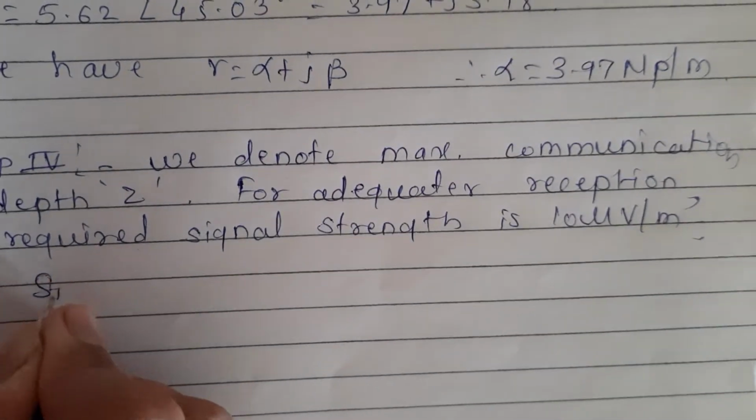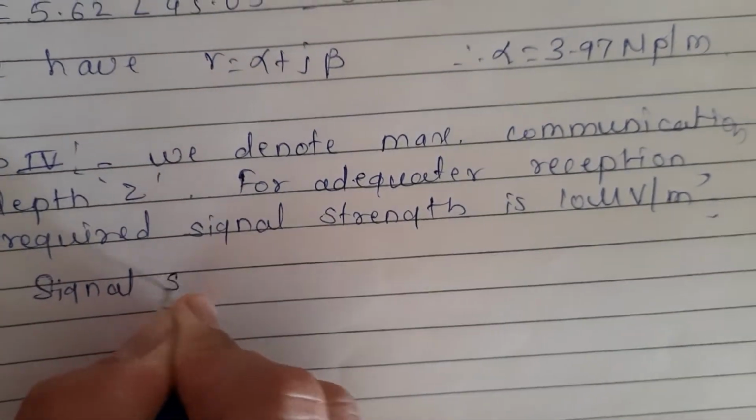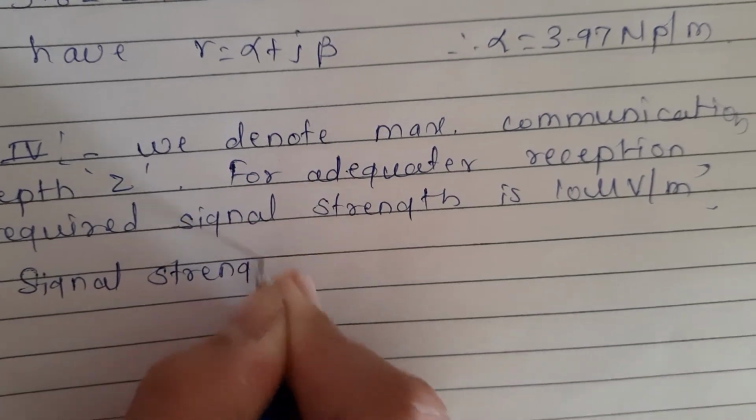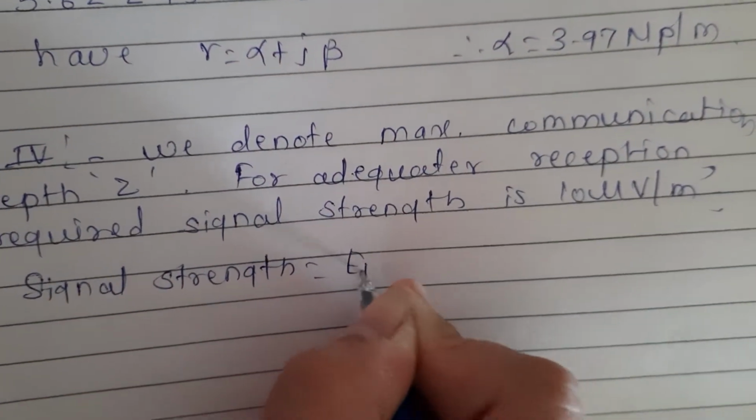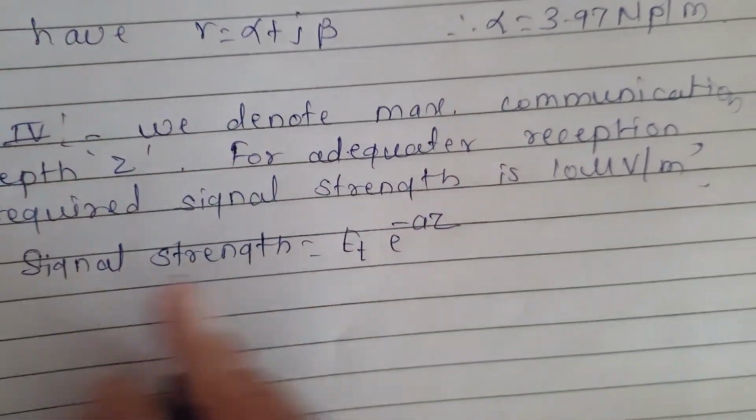So signal strength is equal to e raised to minus alpha Z.